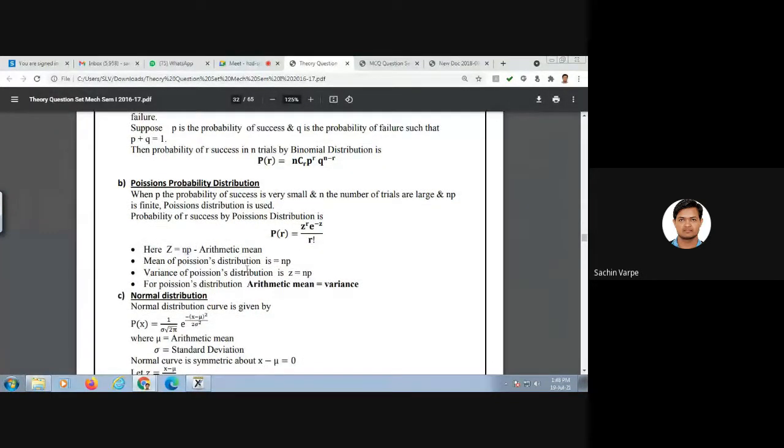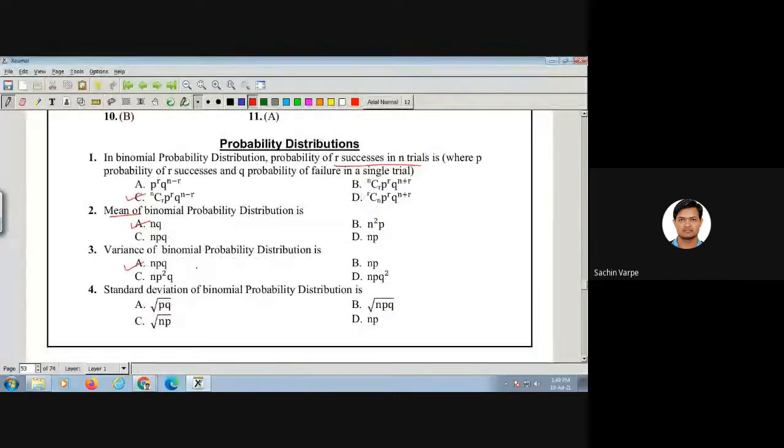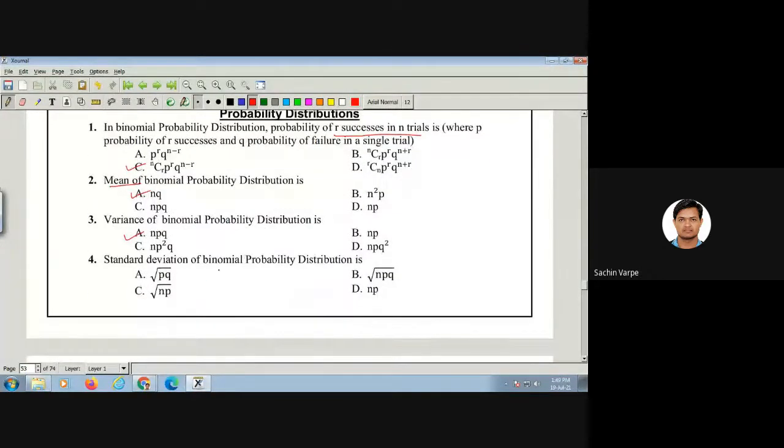The mean is NP and the variance is NPQ in the binomial distribution, and in Poisson it is NP only. Mean and variance coincide. The standard deviation of the binomial distribution is the square root of the variance, so the square root of NPQ.